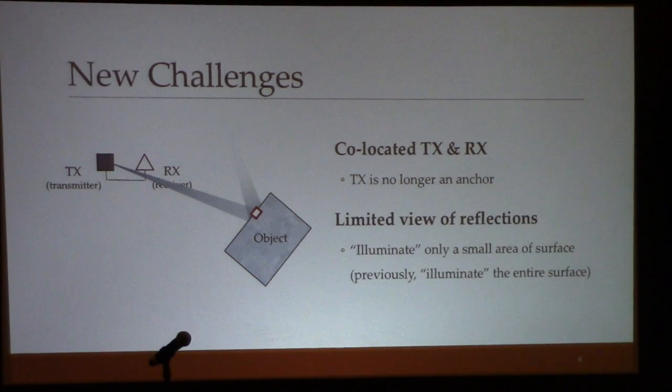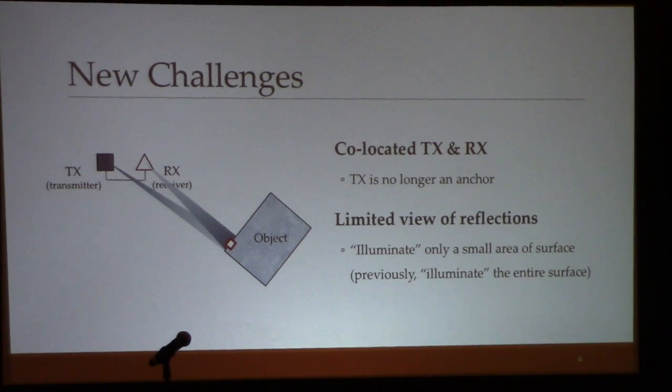Also, because the 60 GHz radios are close together, the amount of reflections we get becomes very limited. The reason is that the 60 GHz signal will reflect off the surface like a mirror. So our signals can only illuminate a small surface area as opposed to the entire surface.